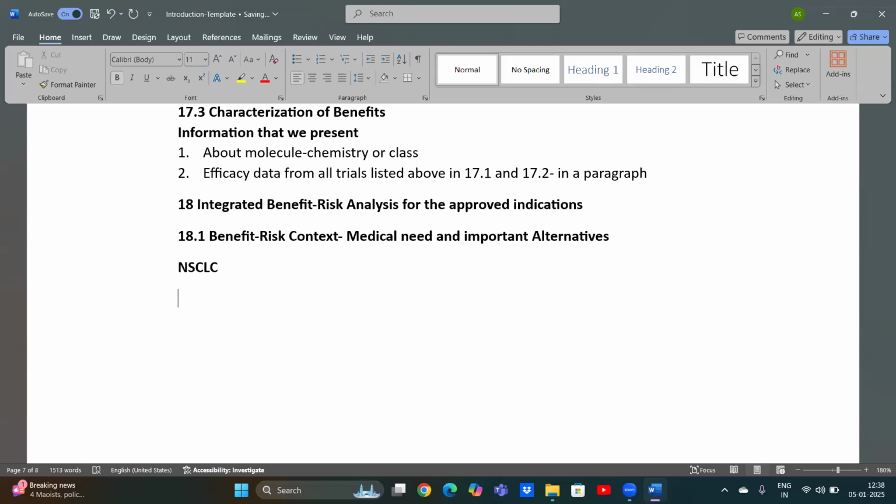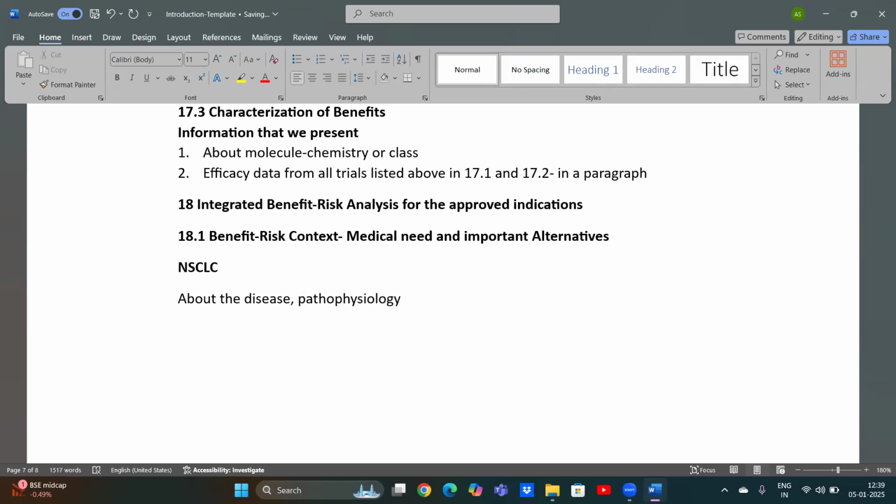So for NSCLC, you will search about the disease, what is the pathology of this disease, what this disease is. Then you can search the open literature and find what NSCLC is and what its pathophysiology is. You will write the pathophysiology here.